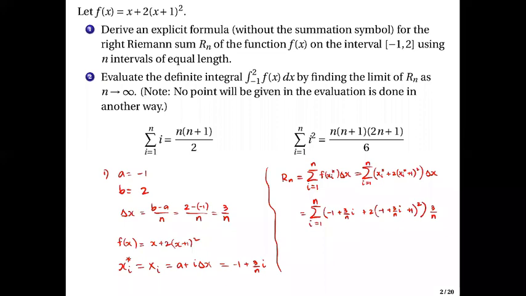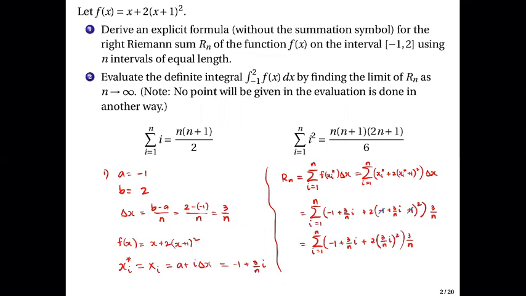So from here, let's just simplify things. We have sum i from 1 up to n. Here we'll just copy -1 plus 3 over n times i, plus, in here, this -1 will cancel this 1. So we'll just have 2 times (3 over n times i) quantity squared, and then you have your 3 over n here.